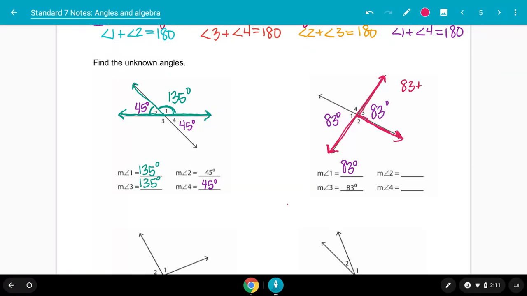So 83 plus angle 2 equals 180. I already have 83 degrees. How many more do I need to get to 180? The measure of angle 2 is 97 degrees. Now I can find angle 4 because I know that angle 2 is equivalent to angle 4. So angle 4 must also be 97 degrees.